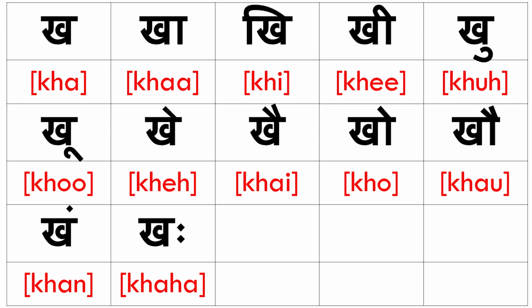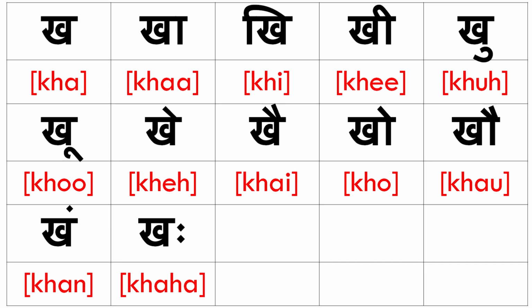Okay. Now the second Barhakhari is kha. Kha, khaa, khi, khi, khu, khu, khe, khai, kho, khau, khang, khaha.